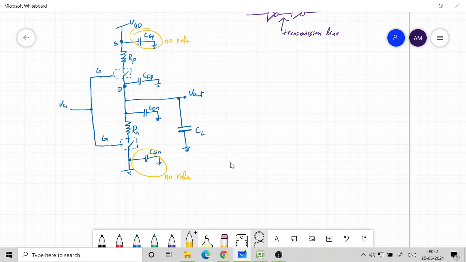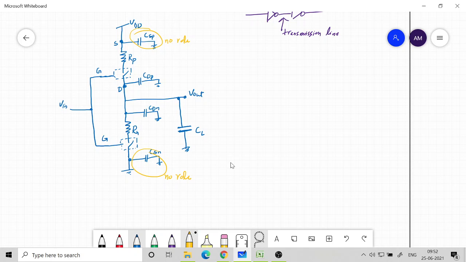So we can just remove this and put in only the rest we need to use. Now CDP and CDN, this is the drain capacitance for PMOS and NMOS. They are in parallel, so you can combine them.